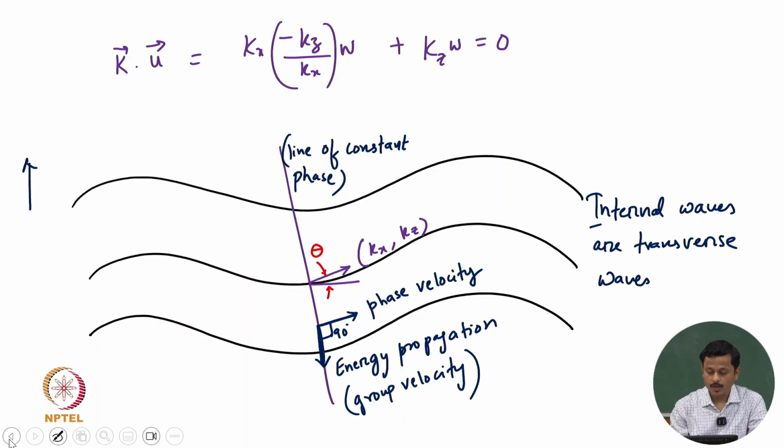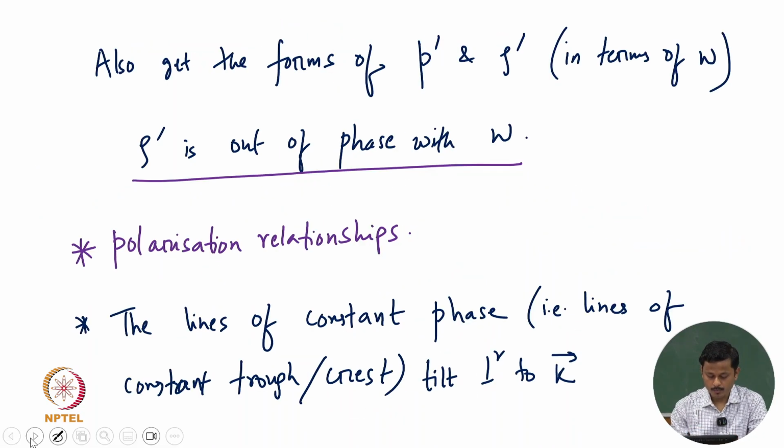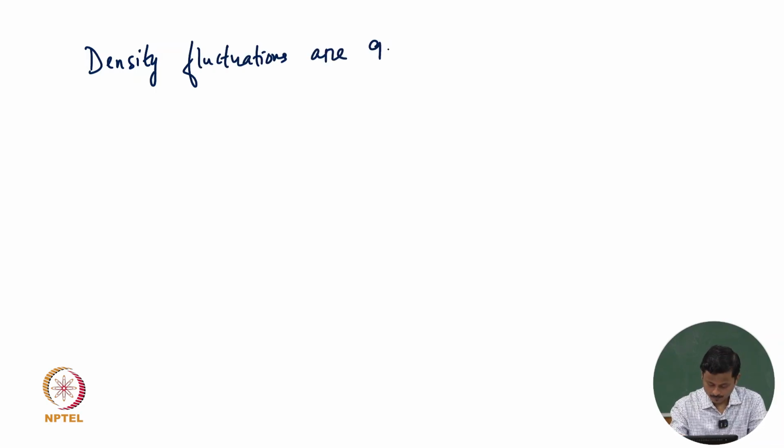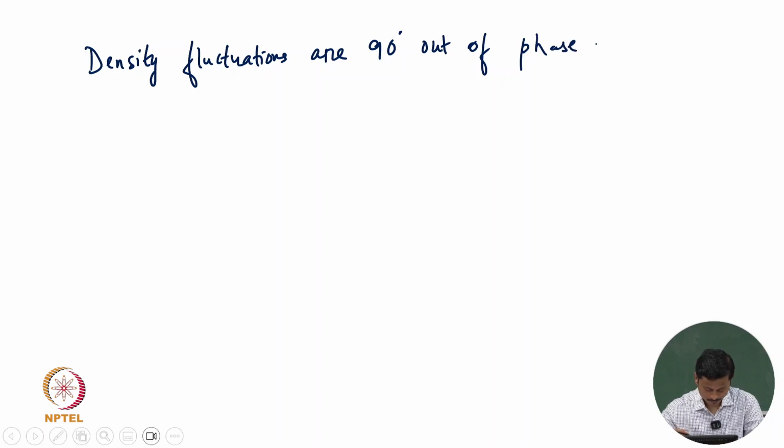The polarization relationship that we created, with p prime and rho prime, gives us that the density fluctuations are 90 degrees out of phase with the velocities.